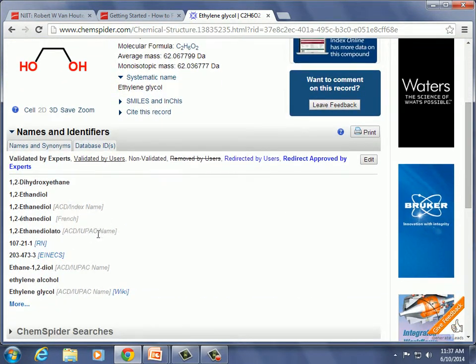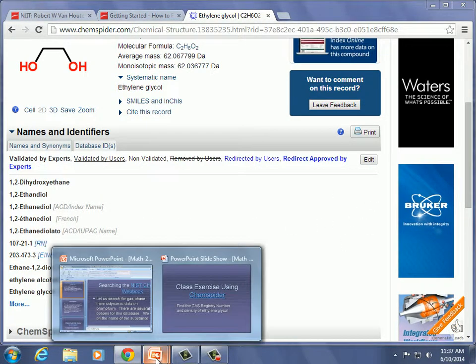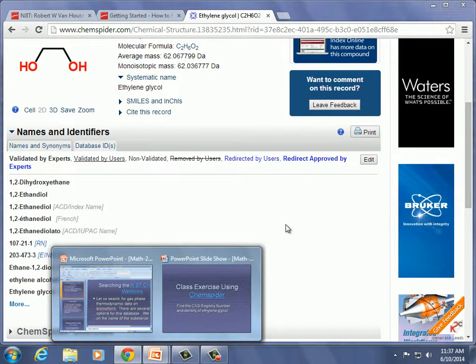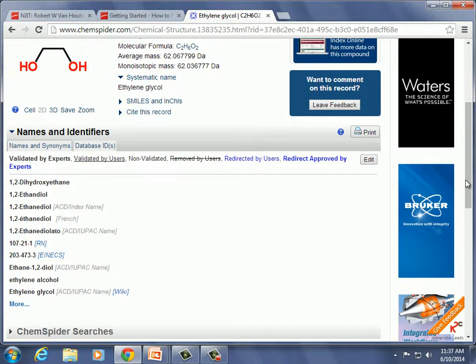So here's a registry number, 107-21-1. And I wanted the density, yes. So looking for the density of ethylene glycol.